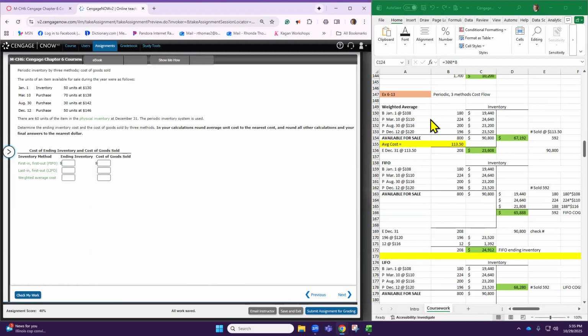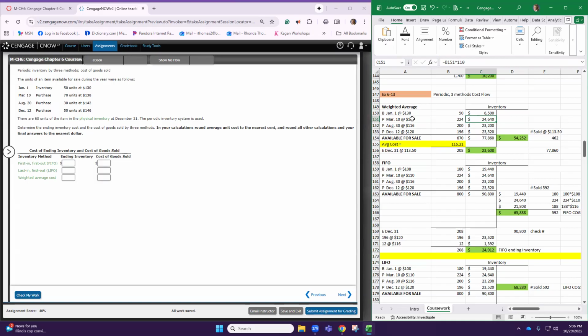All right, so on January 1st, I've got a cost of $130 a piece. So I'm really going to be mindful of what we have. We have 50 units times $130, which gives us a beginning inventory of $6,500.